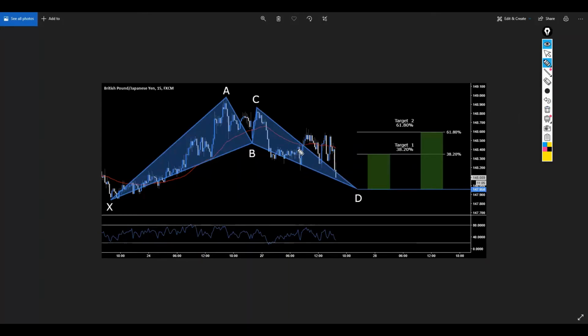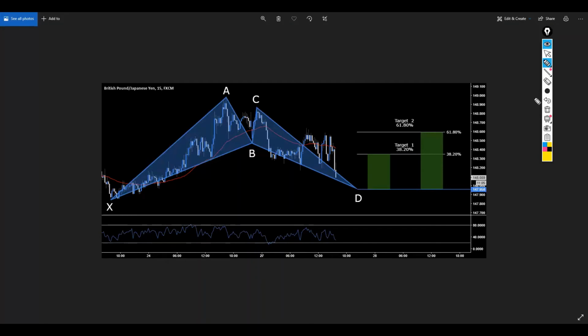But sometimes we're planning to get at least 1 to 3 risk to reward. Our risk is about 1, and we're looking at a reward of 3. But with this kind of entry, our reward would be limited to only 1 to 1 or maximum 1 to 2.